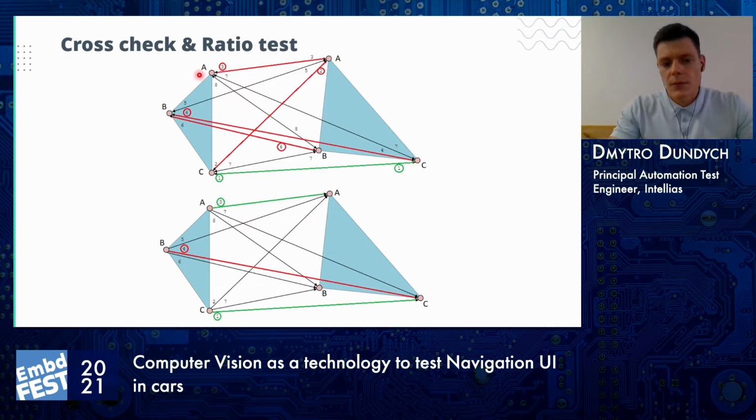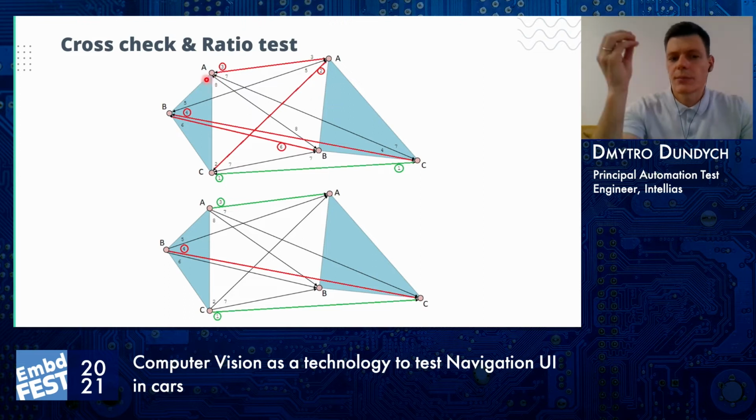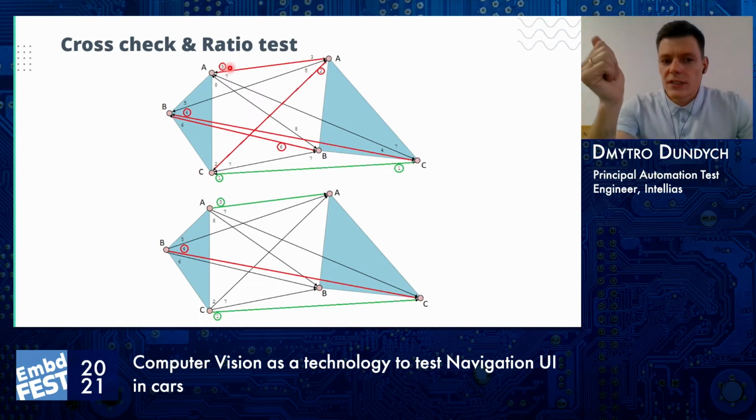So we calculate the difference for the first image, each point to each point of the second image, and then we calculate for the second image the difference for each point of the first image, and we select the point if it has the smallest difference for bidirectional comparison.